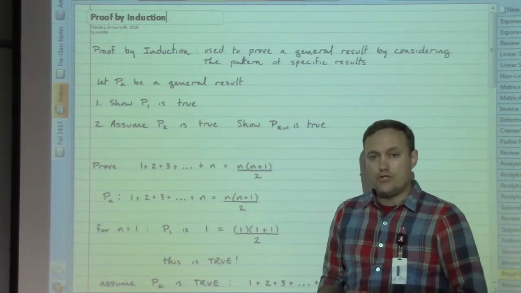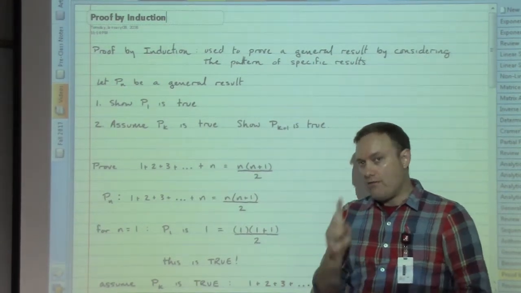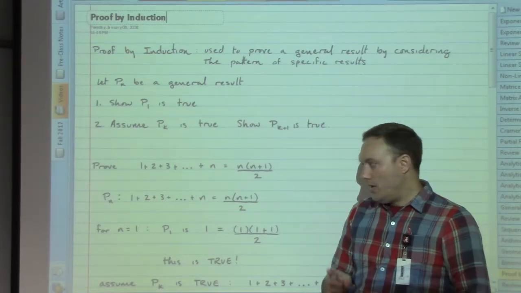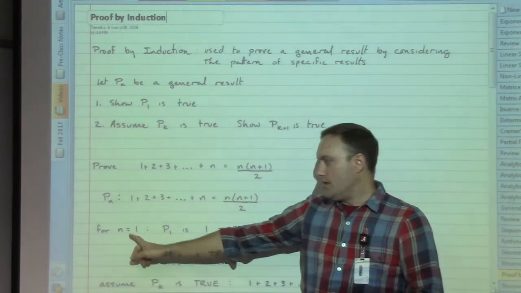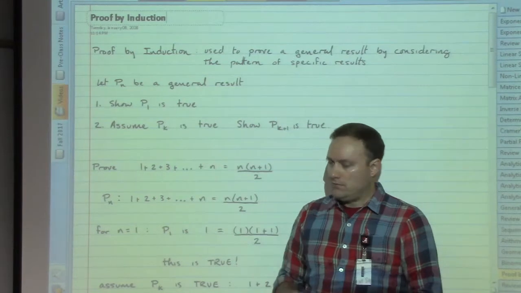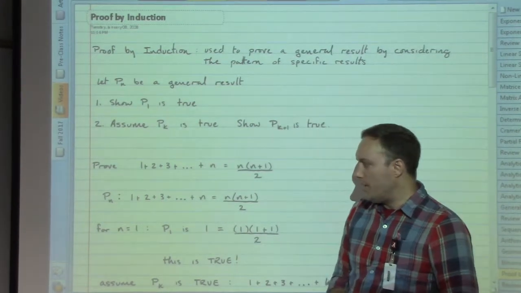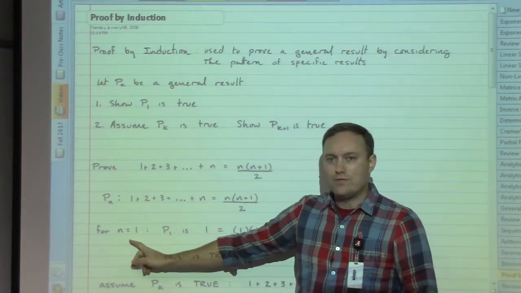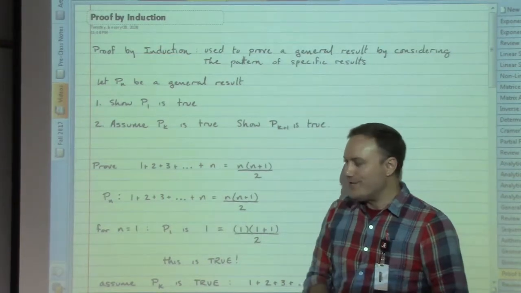Now we're going to want to show that that would work for the very first situation, and the very first situation is when the index is 1. So we're trying to keep things a little bit more on the mellow side here as much as possible. So the index is 1, first situation.